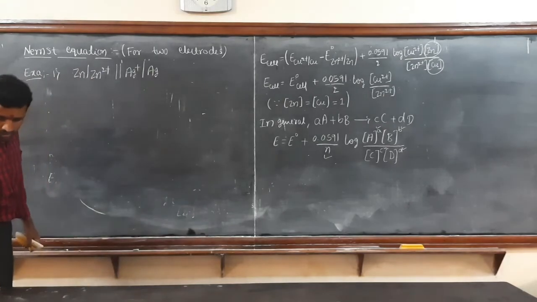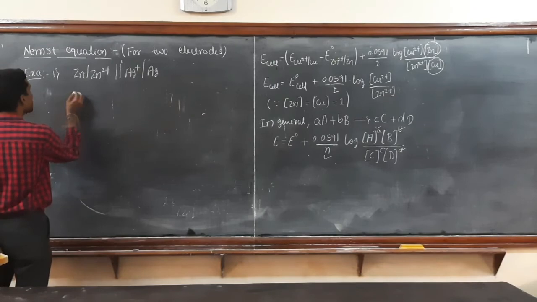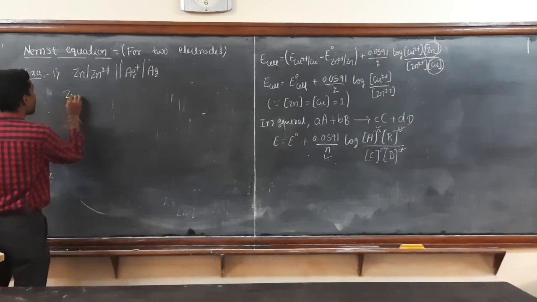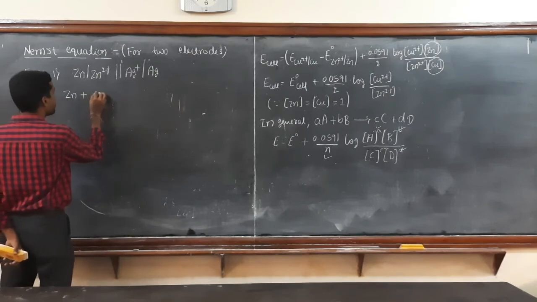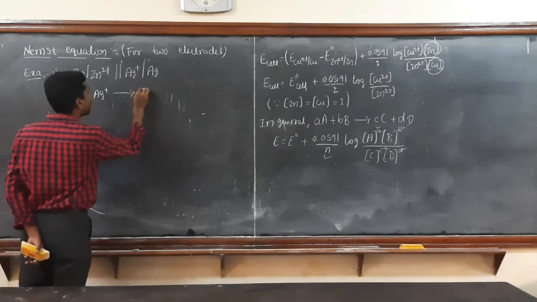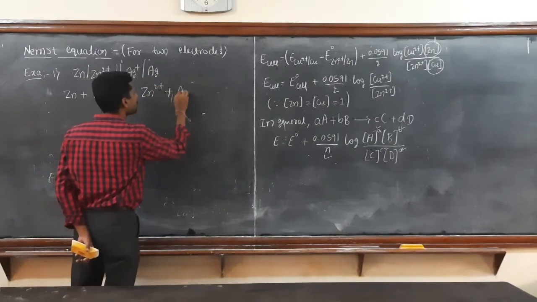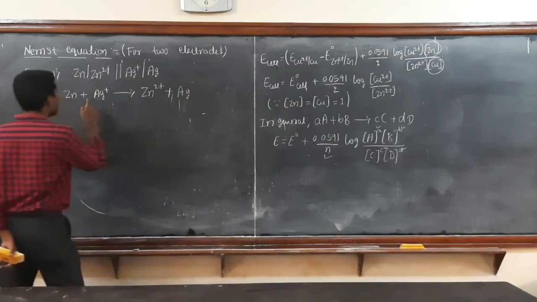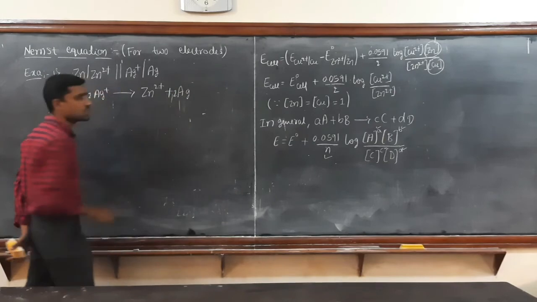So for this reaction, the equation can be obtained as follows. Zinc will undergo oxidation with the liberation of 2 electrons, becoming Zn2 plus, and silver is deposited. But in this reaction 2 electrons are involved, so this should be multiplied by 2.